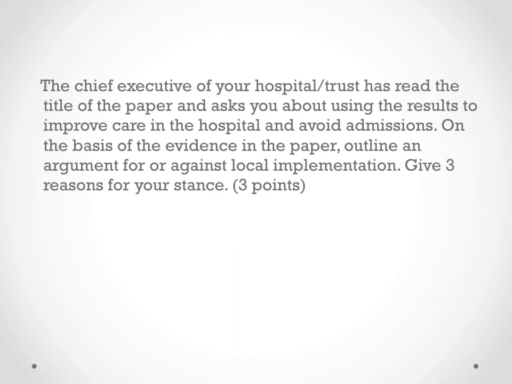Classically, in the critical appraisal paper in the FRCEM, you'll be given a question like this to answer. The chief executive of your hospital has read the title of the paper and asks you about using the results to improve care in the hospital and avoid admissions. On the basis of the evidence in the paper, outline an argument for or against local implementation.